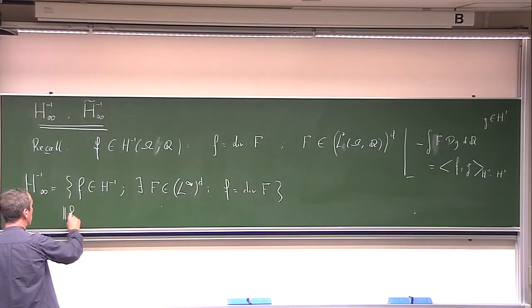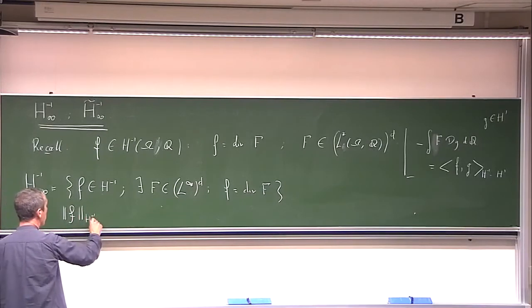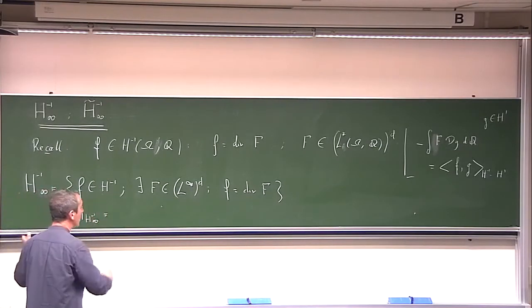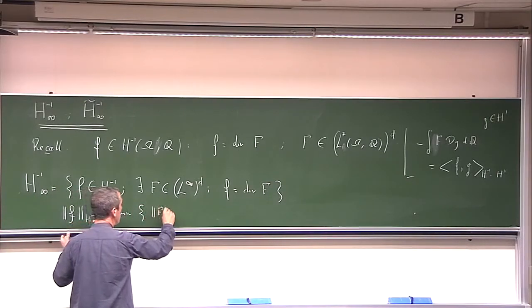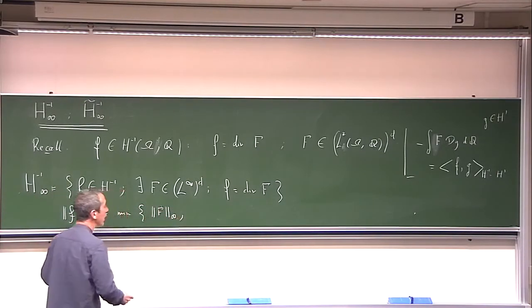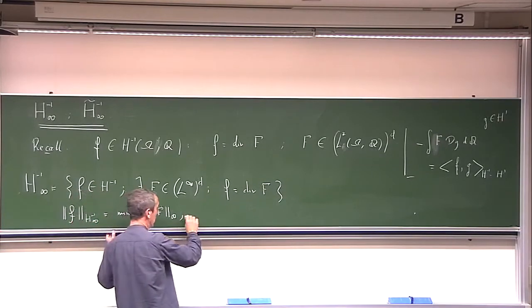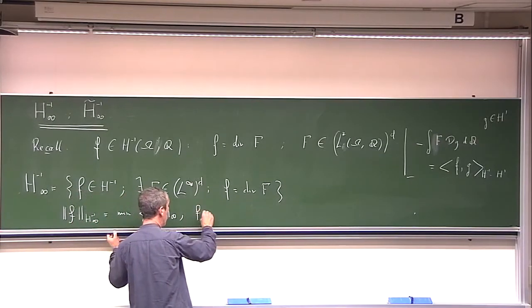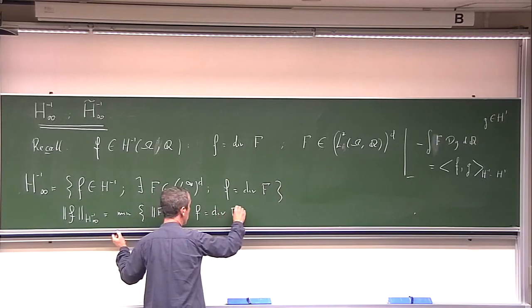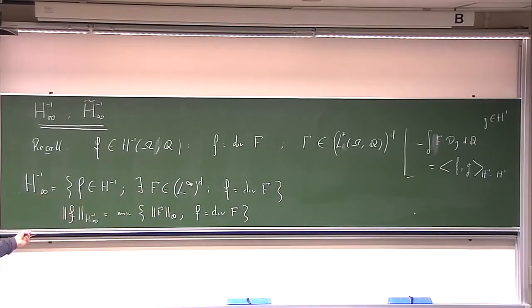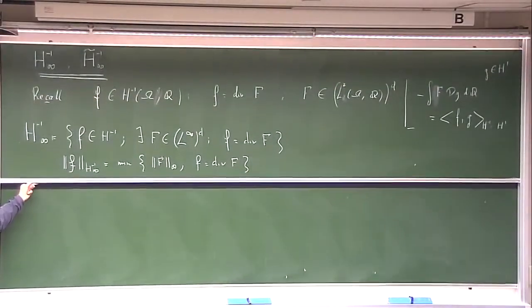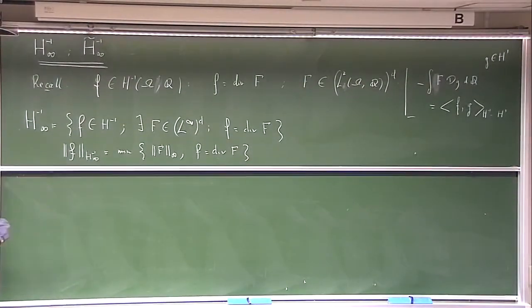So the H-1 infinity norm of f will just be the minimum of the L infinity norm of big F, where big F is such that small f is a divergence of big F. So this defines a subspace in H-1.